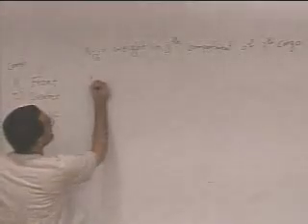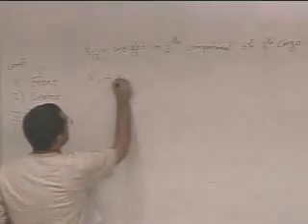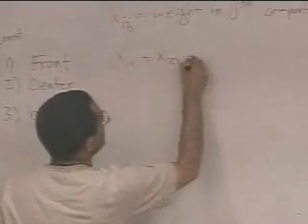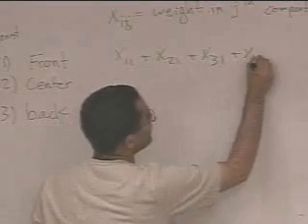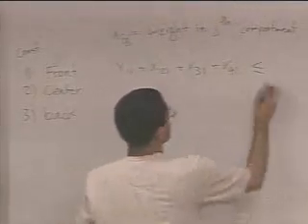Okay, no, that's right. So x11 plus x21 plus x31 plus x41 should be less than or equal to the capacity of the front compartment, which is 12 tons.